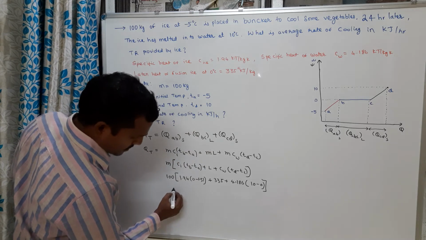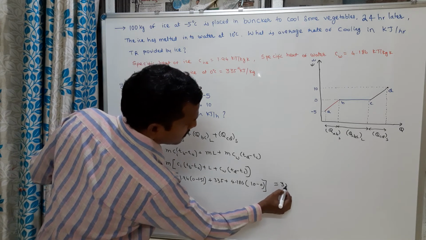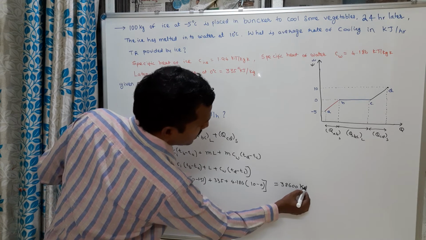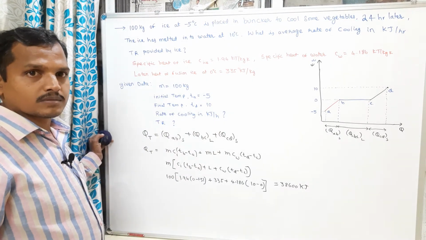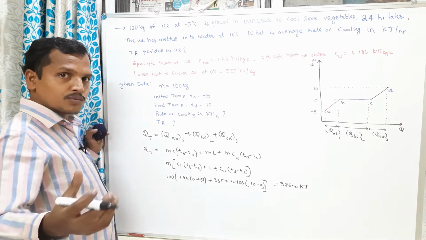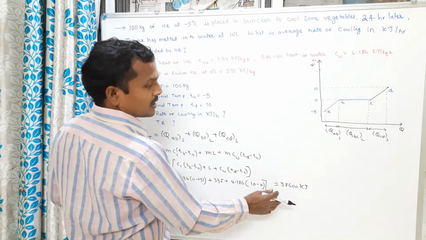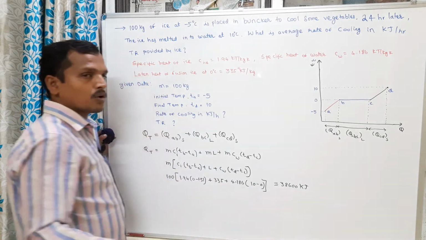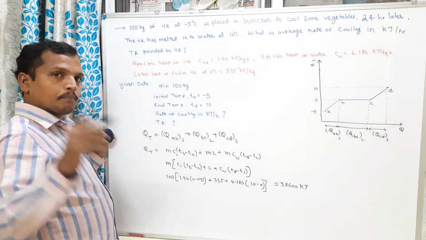38,600 kilojoules of heat is absorbed by the ice from the vegetables. How much heat is absorbed by the ice from the vegetables in 24 hours? That is 38,600 kilojoules in the bunker.